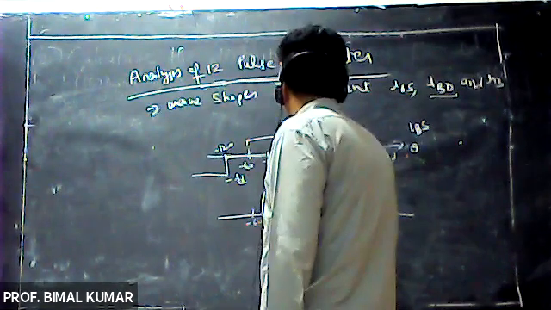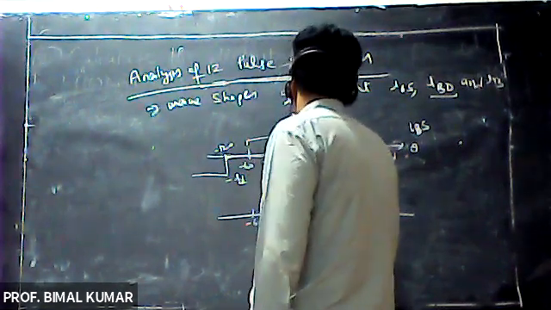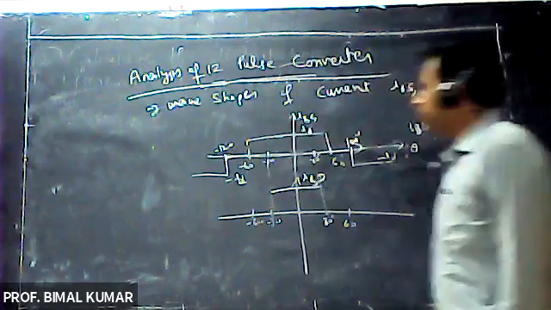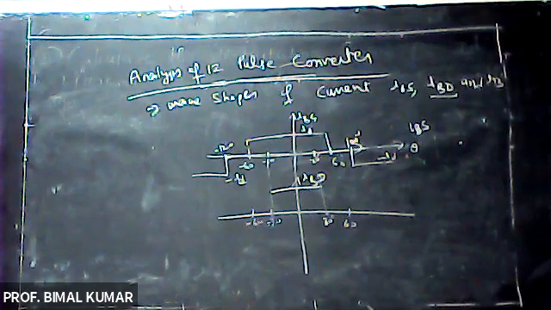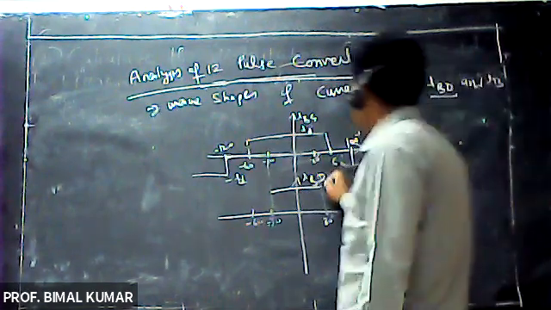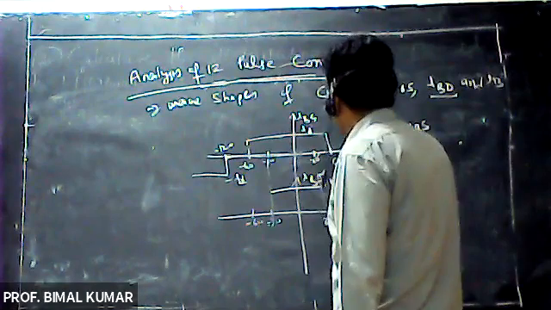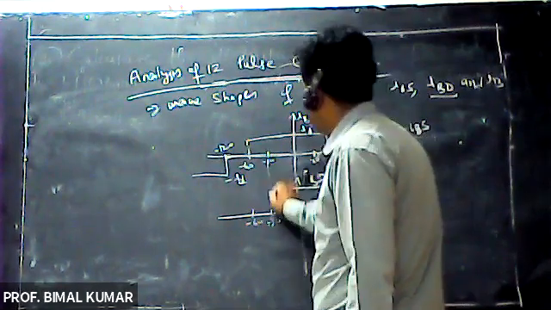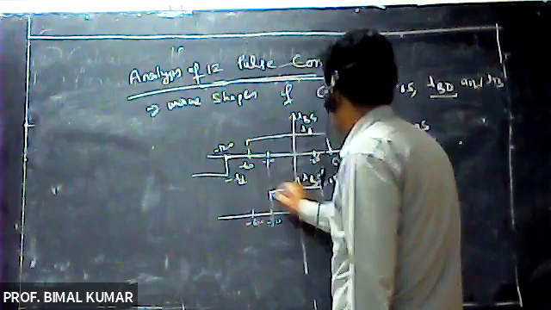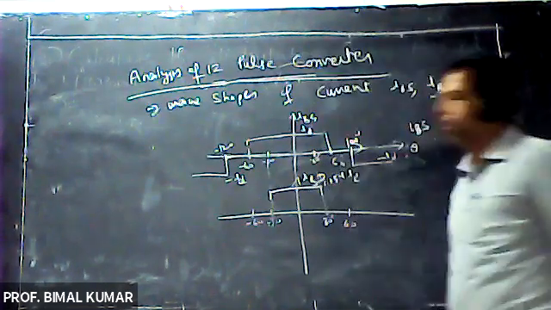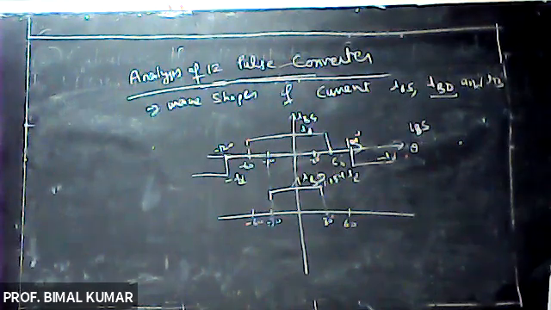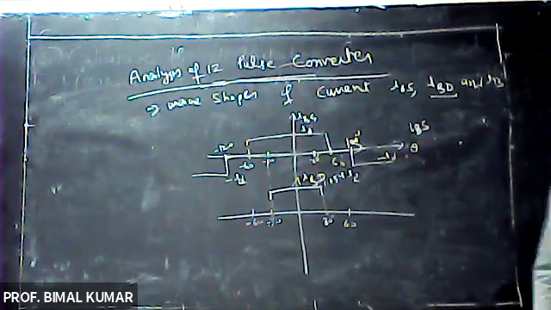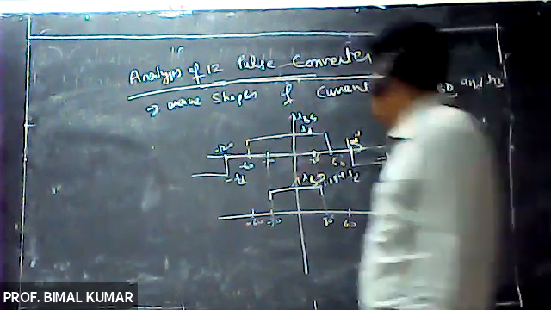Now this will be from minus 30 to 30. We are getting the constant output of the value 1.154 ID. And after this, from minus 30 to 60 degree, you will get 0.577 ID.